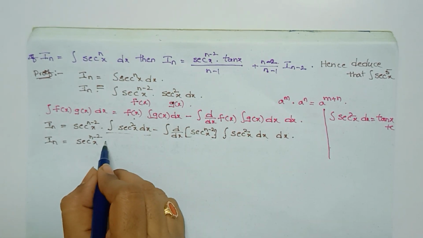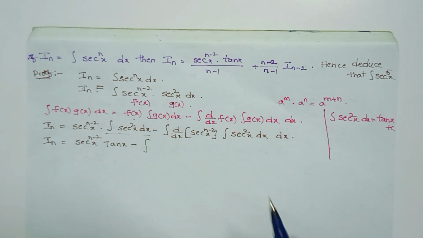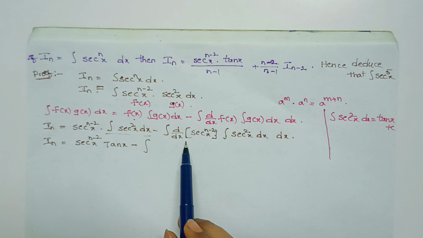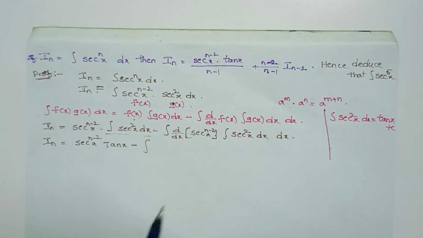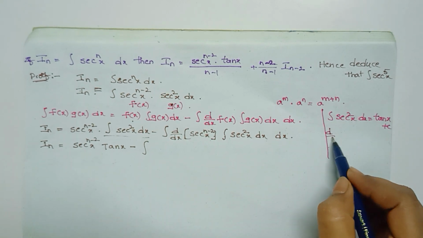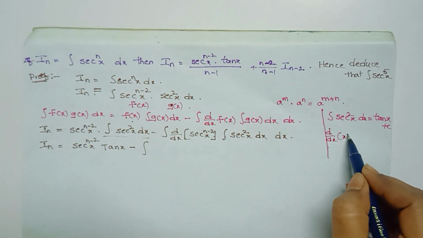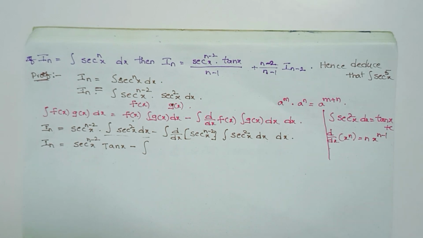Let us apply that formula. This is tan x minus the integral of, now come to the derivative part. d by dx of this, which is in the form of x power n, is n into x power n minus 1.